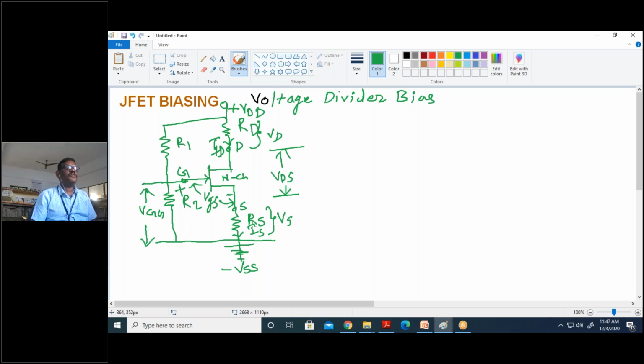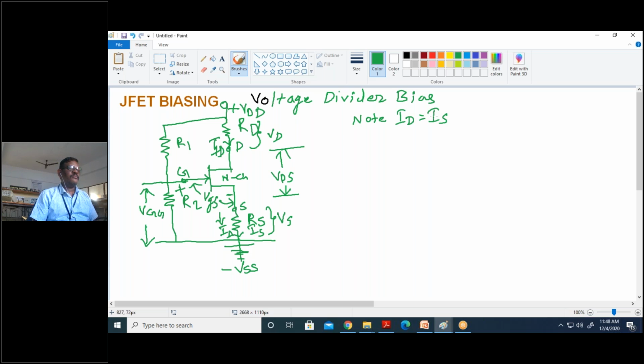So source current is almost equal to drain current. Note here, ID is equal to IS. Okay, this is the voltage divider bias circuit.